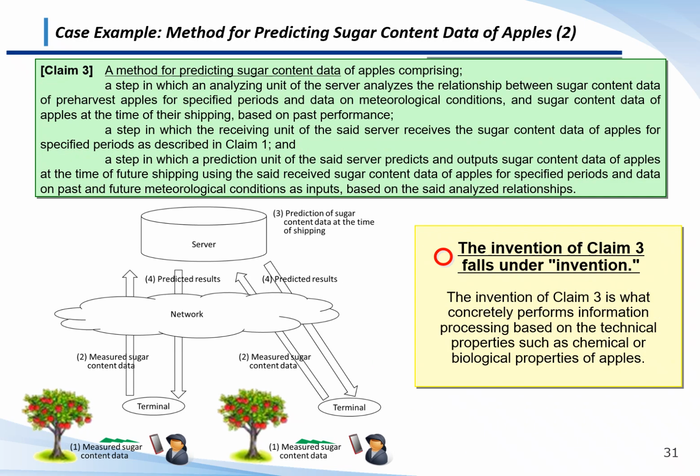On the other hand, the invention of Claim 3 is a method for predicting sugar content data of apples and comprises the steps illustrated in the diagram on the screen.